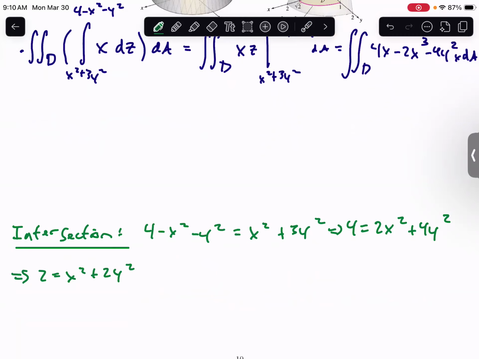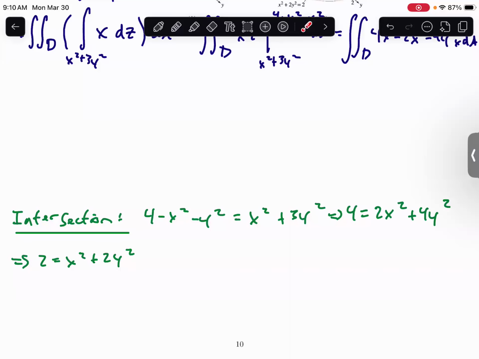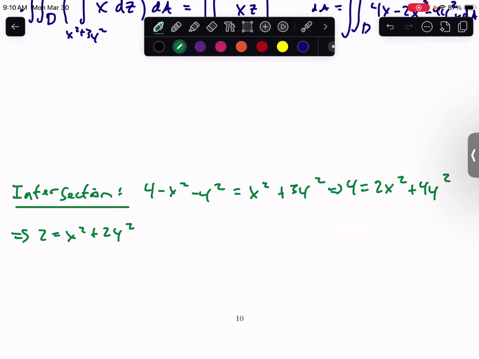Maybe it seems like, why did I write it in this way? This gives us a way in which we can write x in terms of y. If we subtract 2y squared from both sides, this tells us that x squared is equal to 2 minus 2y squared, which implies that x is equal to the square root of 2 minus 2y squared.